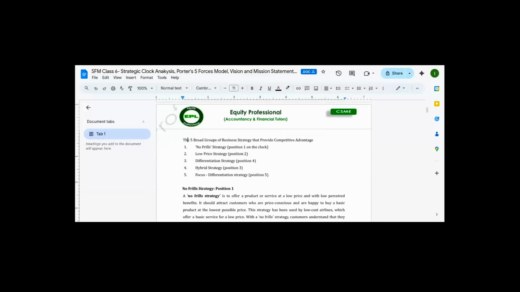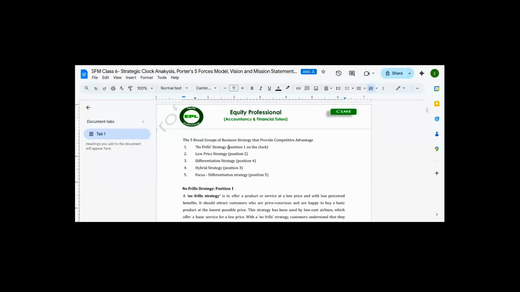You can see here, I put it that the five broad groups of business strategy that provide competitive advantage are: one, no frills strategy, that is in position one of the clock.